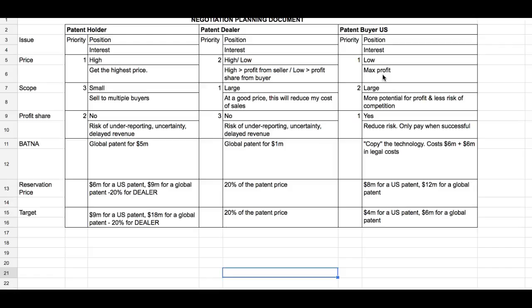Well, that's very abstract, of course, because what would happen is that if the buyer buys the patent for $5 million, he could give the $5 million to the patent holder, and then the patent holder needs to give 20% to the dealer. Or the buyer could pay $1 million to the dealer and the rest to the patent holder. It would be exactly the same.